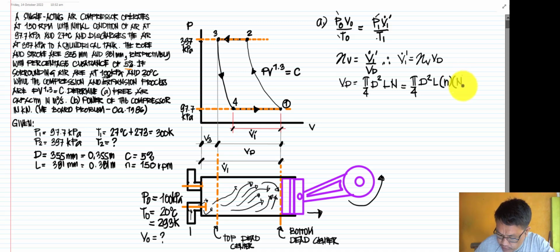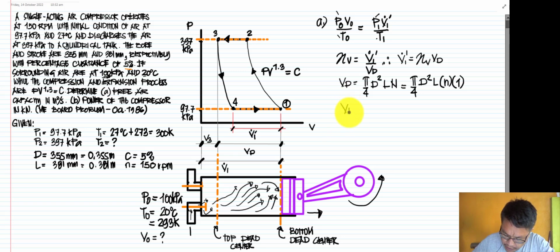Okay, so since the problem states that it is only a single acting, what I'm going to do is multiply it by 1. So checking the equation natin dito, we have already your diameter given sa problem, no? So we have 0.355, and checking your length, we have 0.381, so meron, and we have your RPM, so that is 150. So we can directly substitute it to the equation.